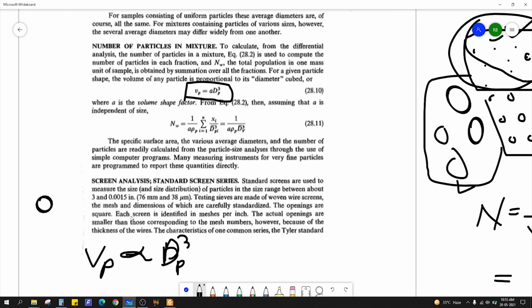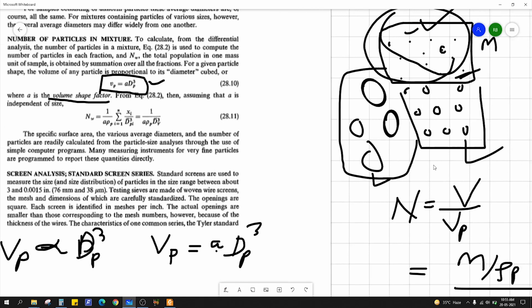To remove this proportionality constant, we can write Vp equal to a dp cube. This a is called the volume shape factor. Now using this relation, I can find the number of particles in a given mixture.